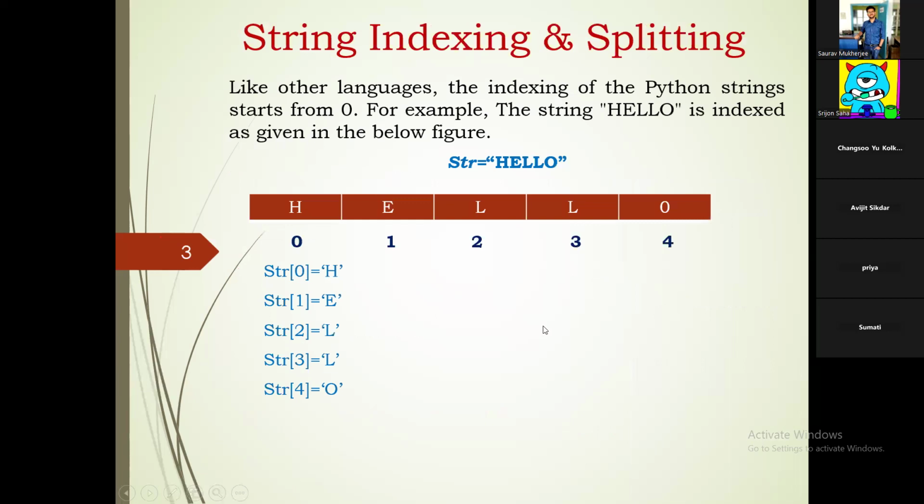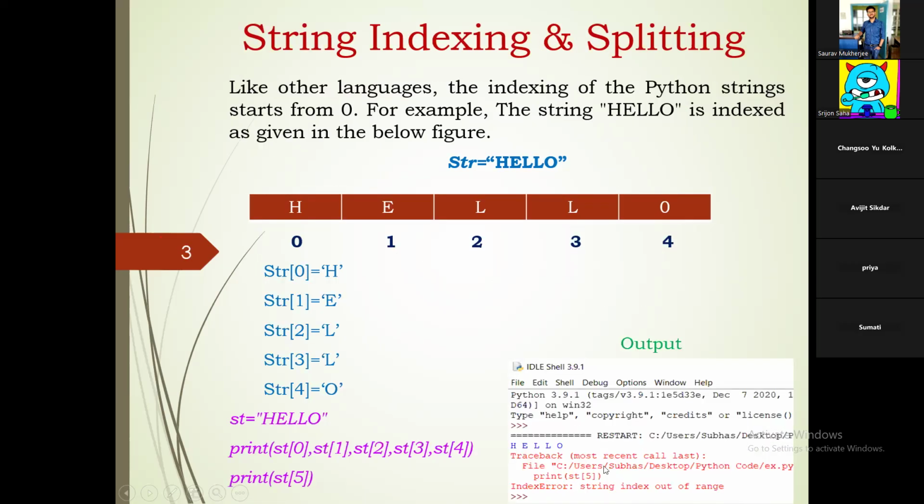Already I told you about indexing and slicing. If we write string index 0 equal to H, index 1 equal to E, and so on. Then string equal to hello, print indexes 0, 1, 2, 3, 4. Now what is the output?